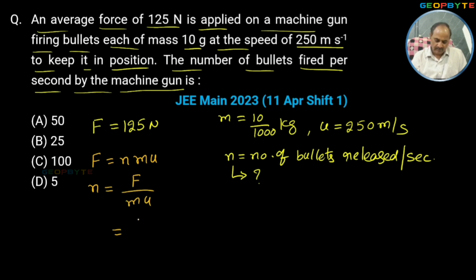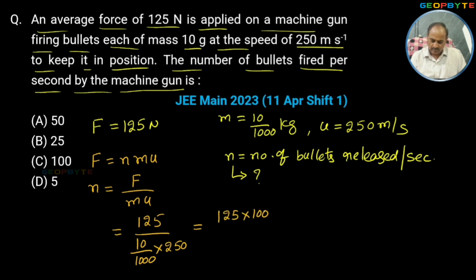Force is 125 divided by mass 10 by 1000 into 250. It is equal to 125 into 1000 divided by 10 into 250. It is 125 into 2.